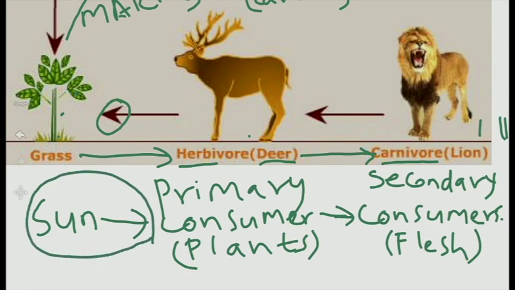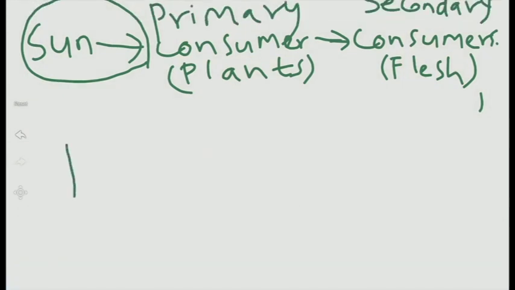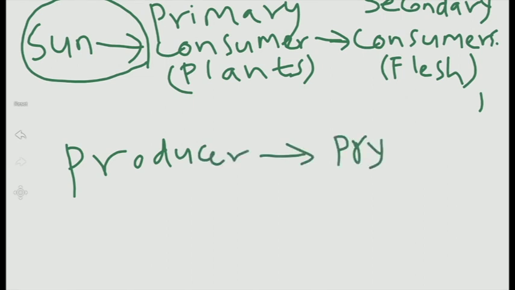But when we talk of the flow of energy, we start with the sun. Which means now, there is always a producer, a producer, primary consumer, and secondary. These now form what we call a food chain.